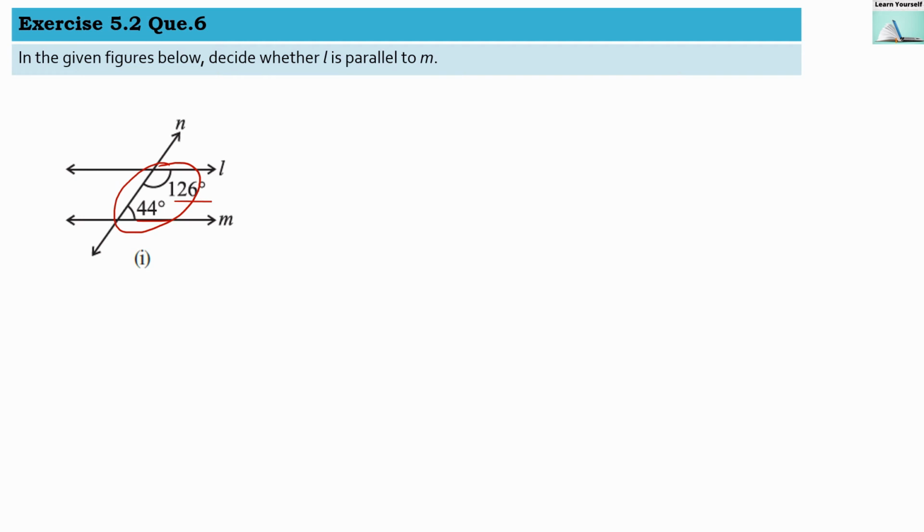This should be supplementary. That means their sum should be 180 degrees. Let us check that. 126 degrees plus 44 degrees is equal to 170 degrees, and it is not 180 degrees, so they are not supplementary. So that's why L is not parallel to M.